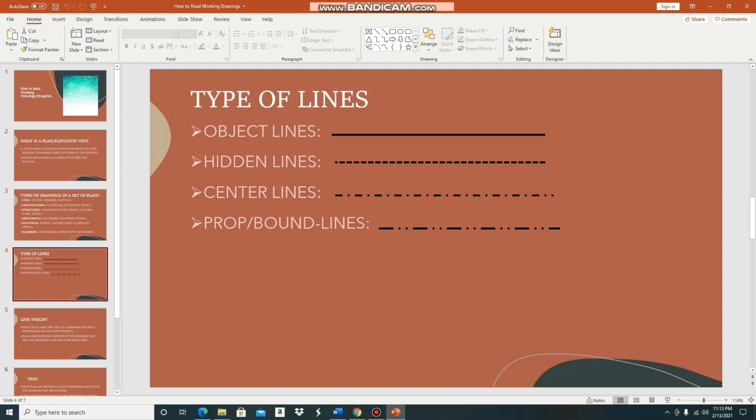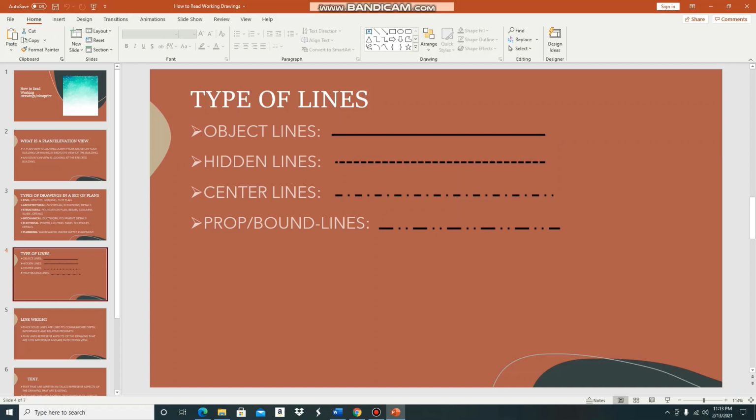Then there is the center line, which has one long line, a short dash, and a long line, and so forth. Then there's a property and boundary line, where there's one long dash and two small dashes in between. So whenever you take up a set of building plans and you see these lines, you must be able to know what those lines are communicating to you.